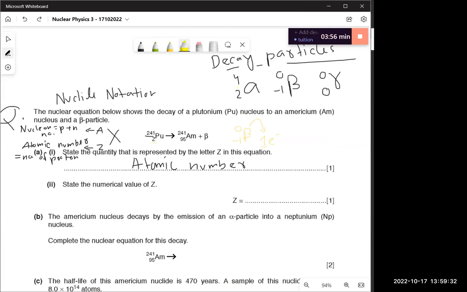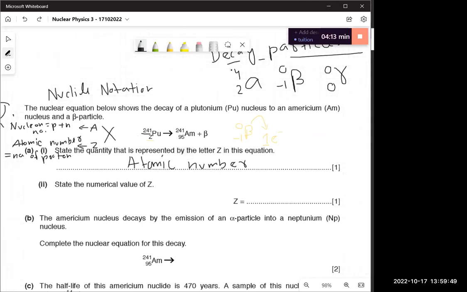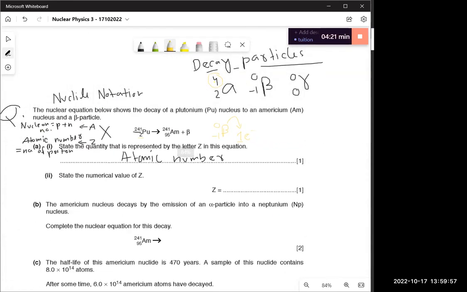And how many nucleons does an alpha particle have? It has 4. The one above is the nucleon number. Beta particle has 0 nucleons, but it has minus 1 over here.